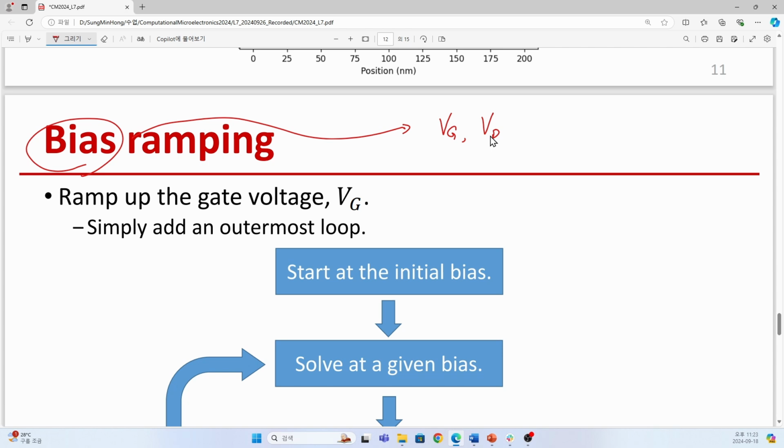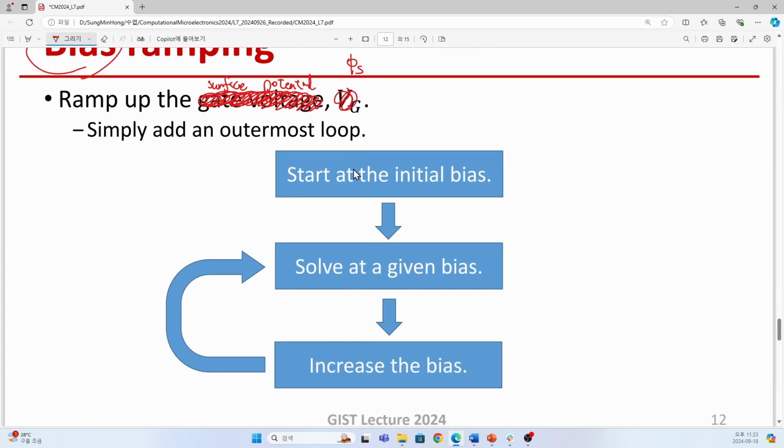But in this special example for lecture 7, I intentionally introduce a different value for our ramping or our boundary values. In this case, it is the surface potential, phi sub s. Then, of course, we can repeat this.